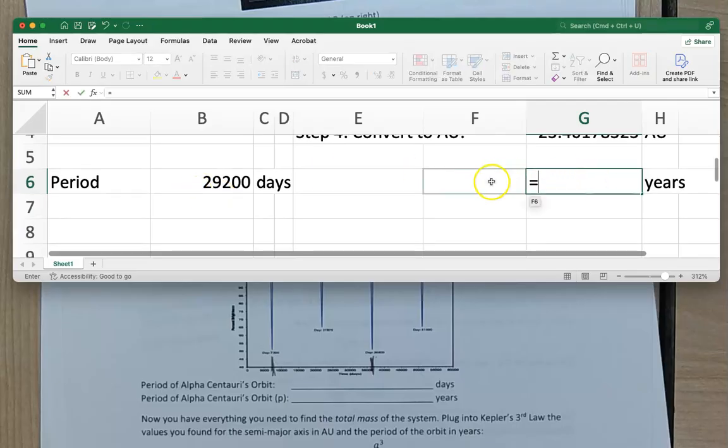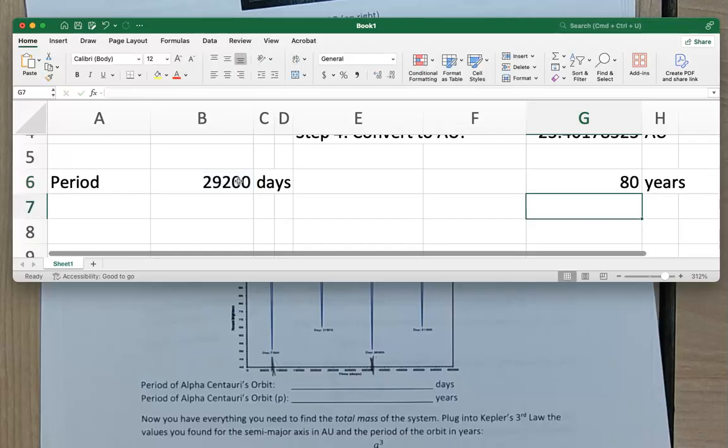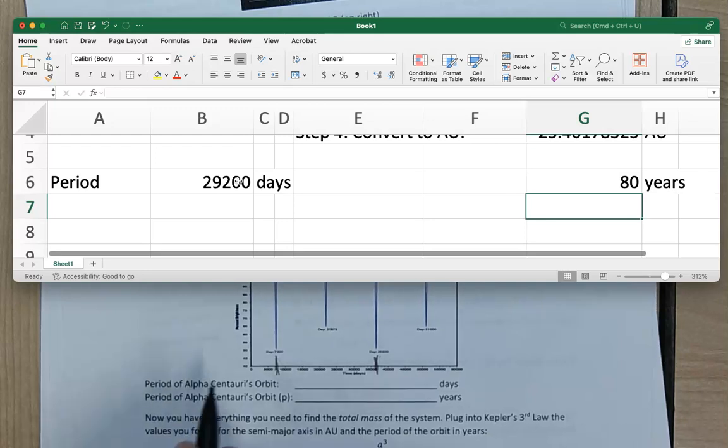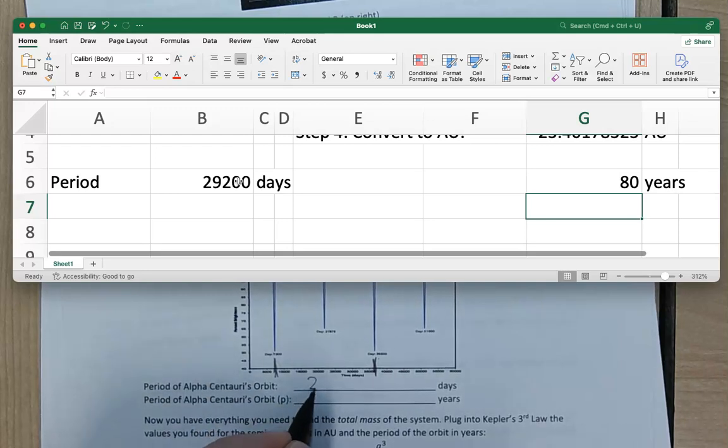So how many years is that? Well, take that number of days, divide by 365 days per year, and that's 80 years. So these two stars take 80 years to orbit each other. So 29,200 days, or 80 years.